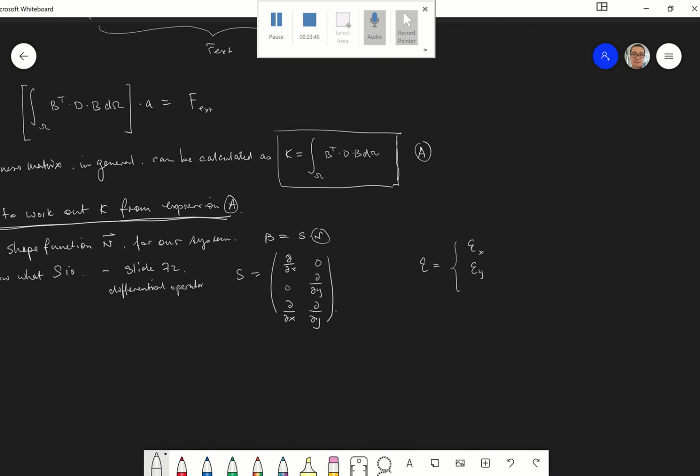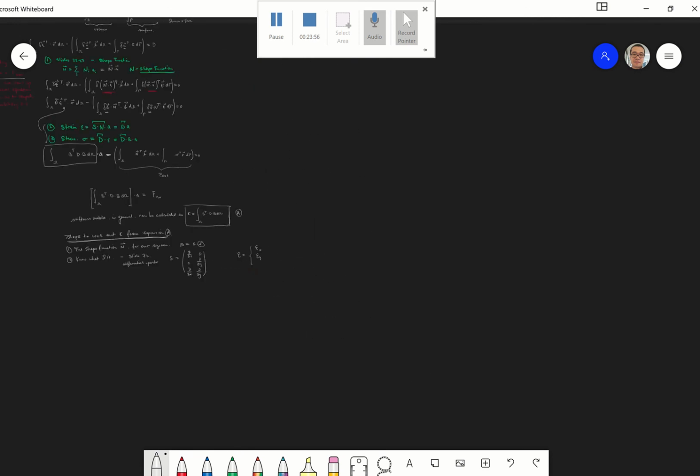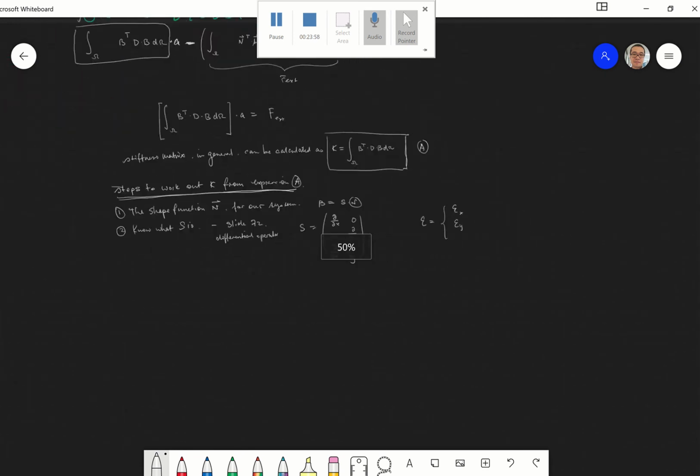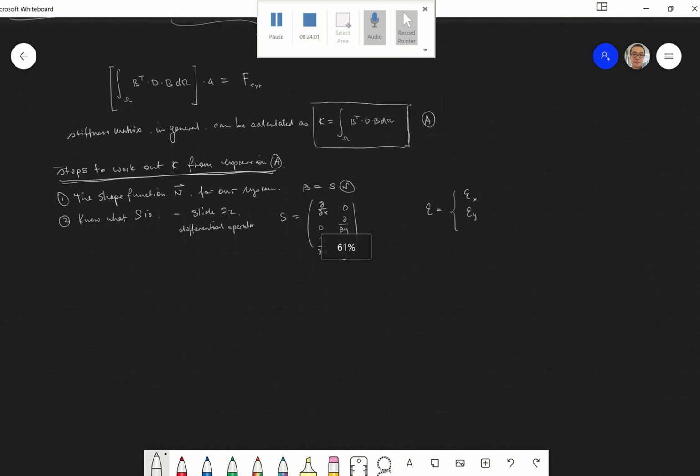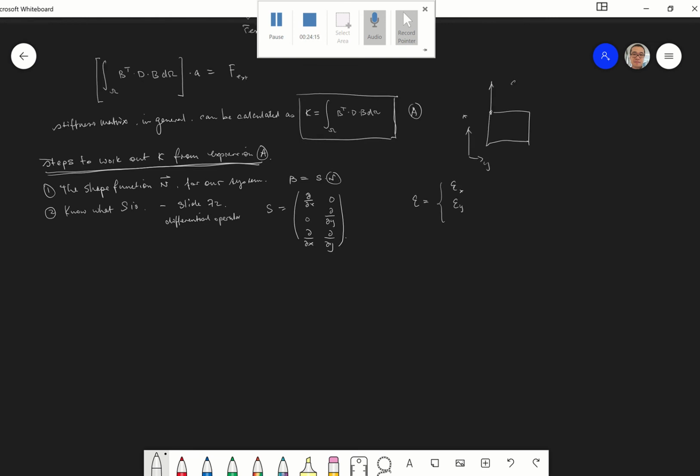The strain along the y direction, and, for example, if you have a square element which will have x and y, you will have a deformation along x, epsilon x, epsilon y, but it can also deform in this way, right?